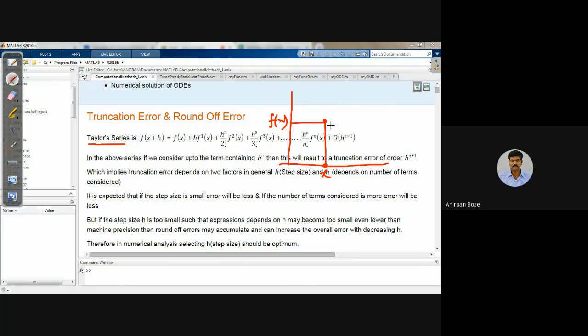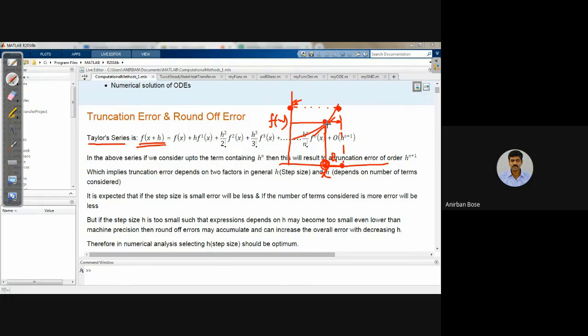And at a distance h from x, if we want to know what is the functional value, then its functional value will be a function of the functional value at x, first order derivative at x, the second order derivative at x, third order derivative at x, and all the higher order derivatives, but all these are at x.